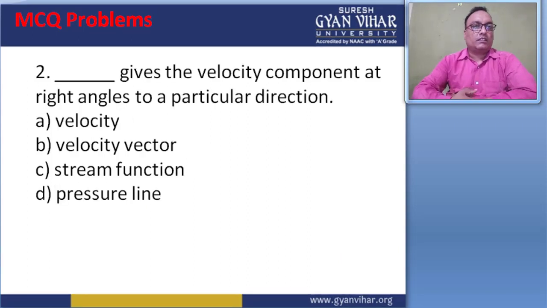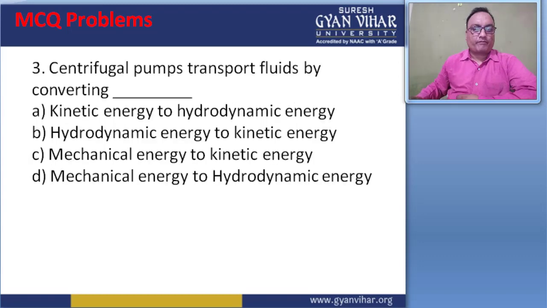The second question: which gives the velocity component at right angle to a particular direction? The options are velocity vector, stream function, and pressure line. So stream function is the right answer for this question.